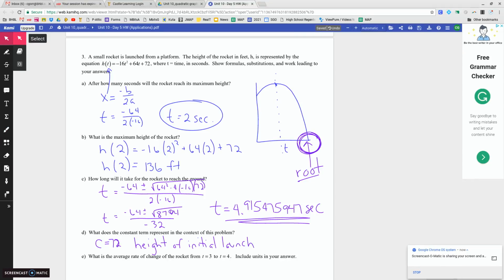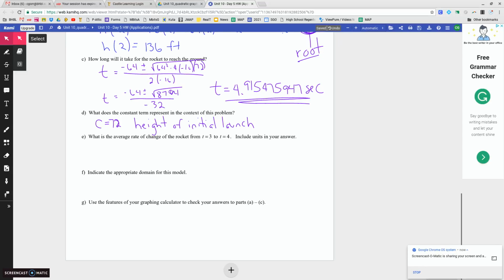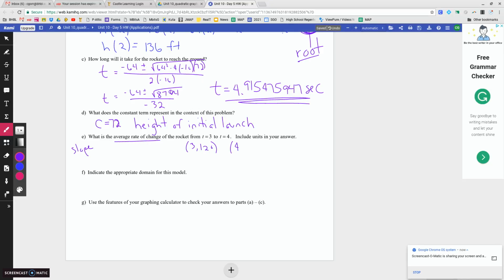Okay, letter E. What is the average rate of change of the rocket from t equals 3 to t equals 4? When I say average rate of change, remember that we are looking for the slope. So I'm looking for the points. We had 3, and I'm using my graphing calculator to plug that in. I get 120 and 4, 72.